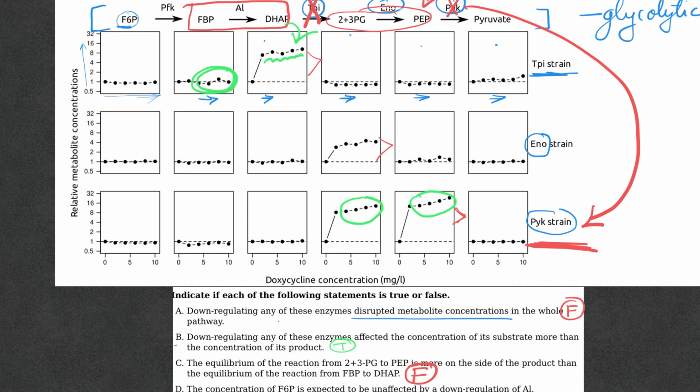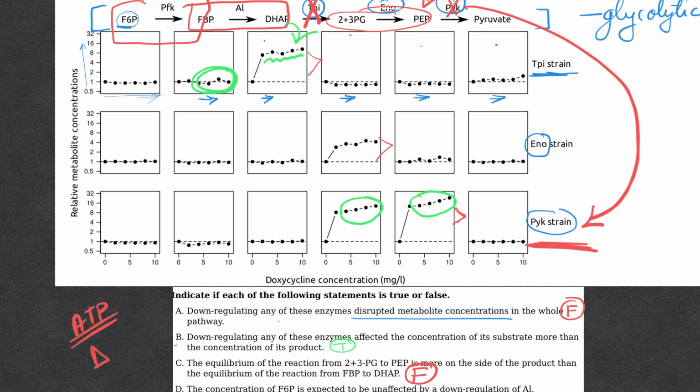The concentration of F6P is expected to be unaffected by a downregulation of the AL. Okay. Fructose 6-phosphate to fructose 1,6-bisphosphate. This particular reaction they are talking about. In this reaction, you are using the hydrolysis of ATP. Okay.